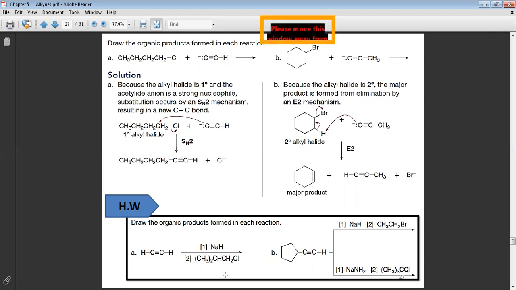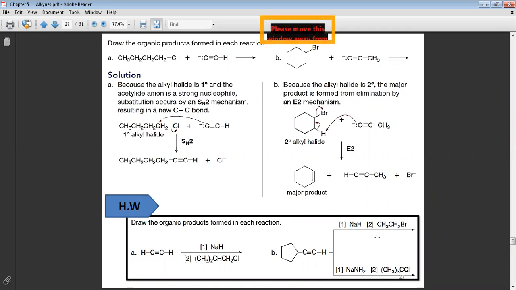Write the structure, okay? You have to write the structure. Also, look, this line uses a strong base with a primary alkyl halide, but this line uses a strong base with a tertiary alkyl halide. Now write the structure. It will be either an SN2 reaction or an elimination reaction, depending on the structure of the alkyl halide.